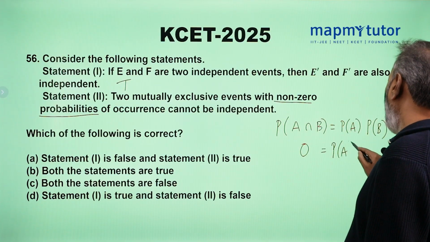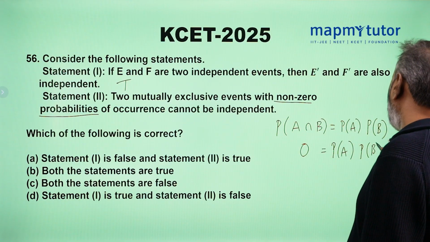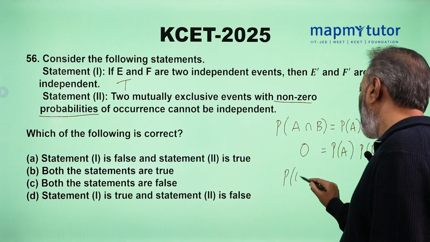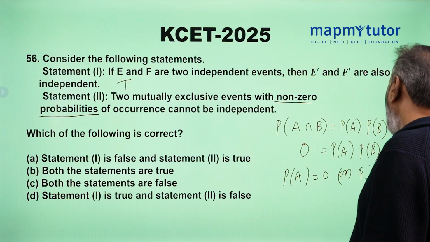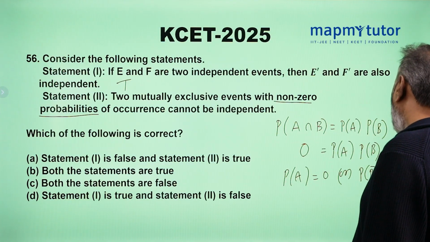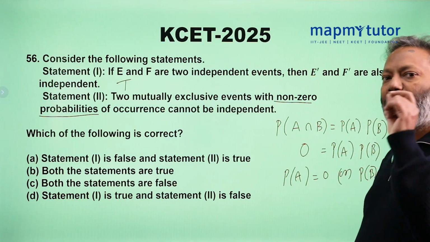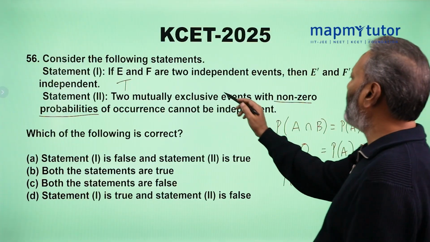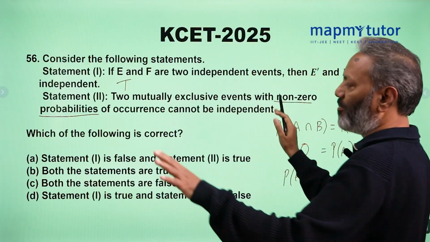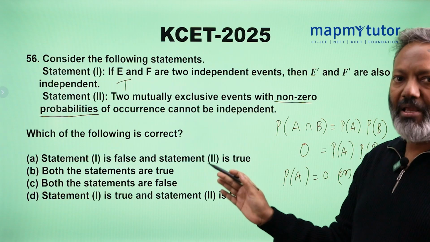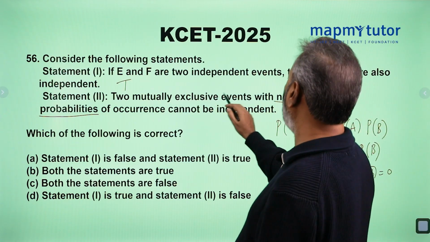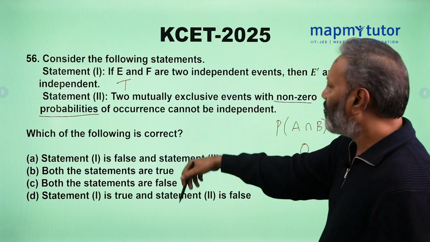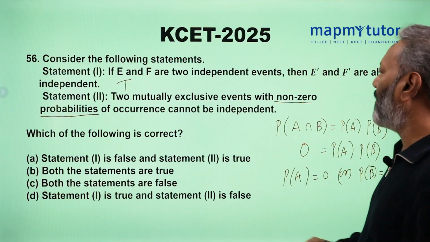So, P of A into P of B must be 0. This is satisfied only when either P of A equals 0 or P of B equals 0. That means at least one of them should have 0 probability. But here they are saying none of them has 0 probability, and therefore they can never be independent. So, two mutually exclusive events with non-zero probabilities cannot be independent.